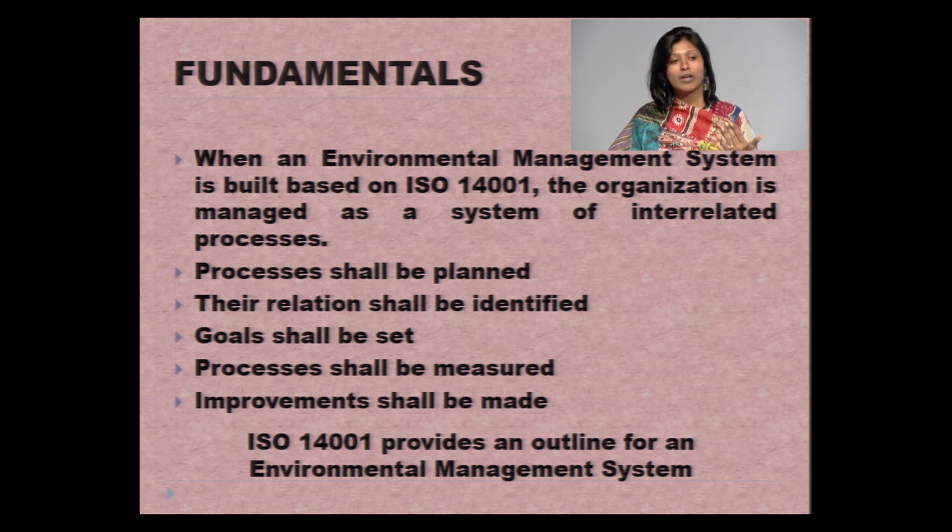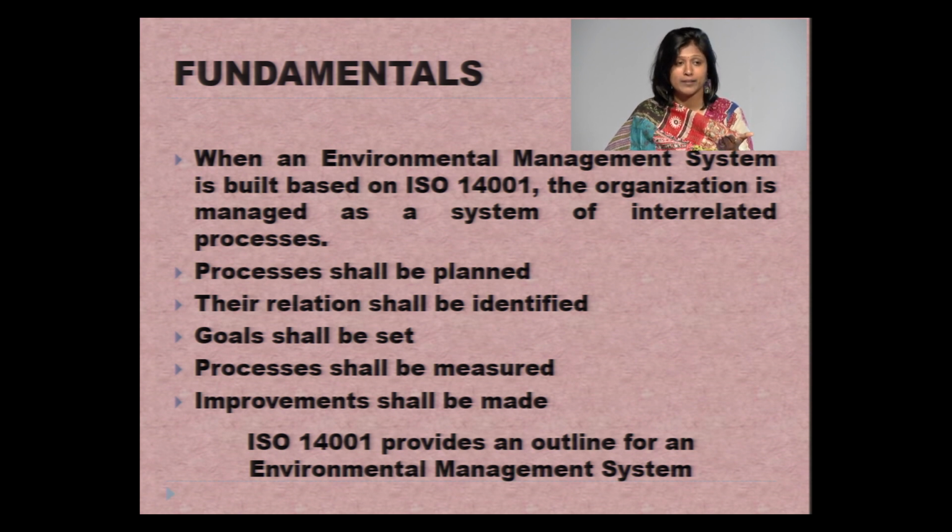As we all know, if we have a goal that is measurable, we can achieve it very easily. So at the same time, we have to set our goals. We have to identify all the processes that will impact this goal, how these processes are related, and how at the end of the day I can measure how well I did or how badly I did. So all the goals have to be measurable.